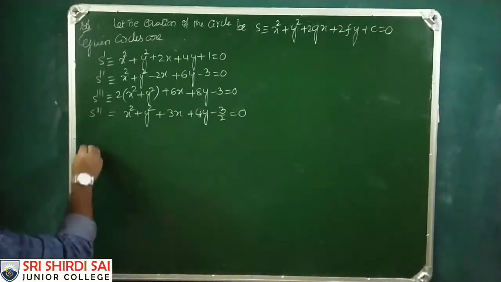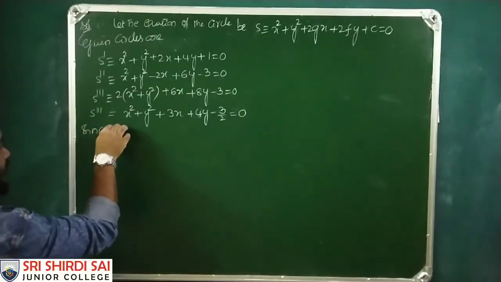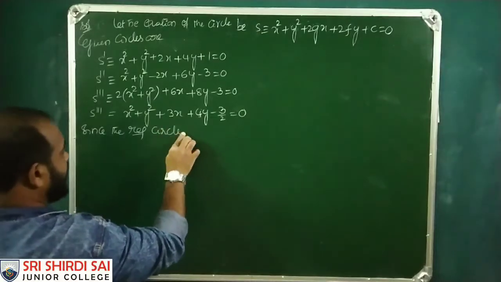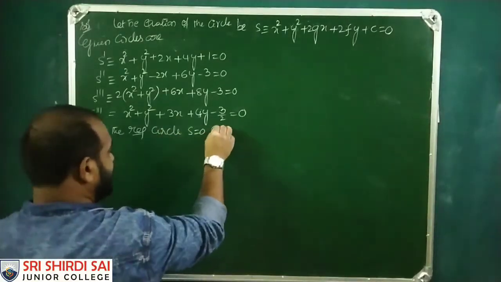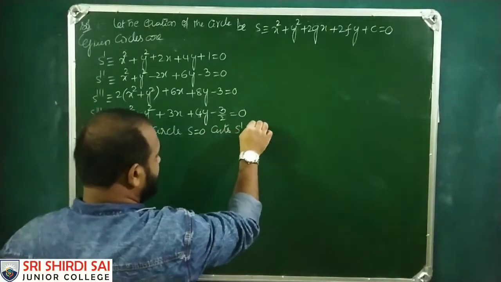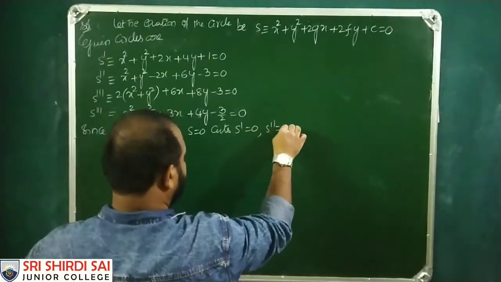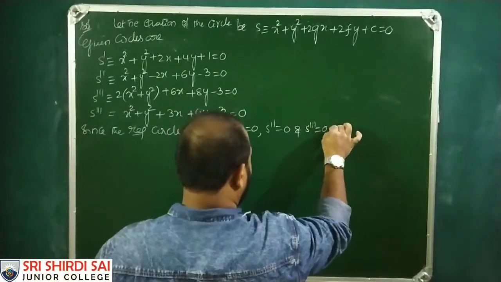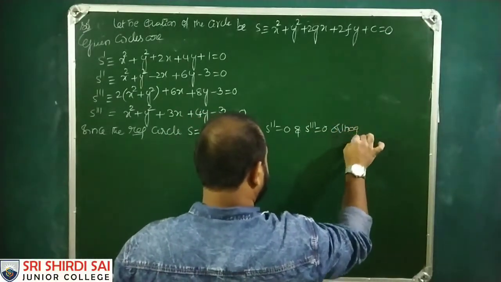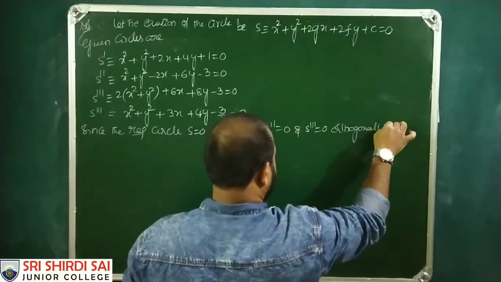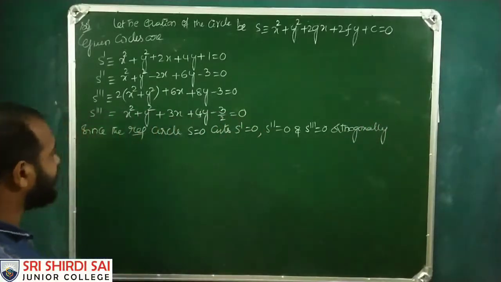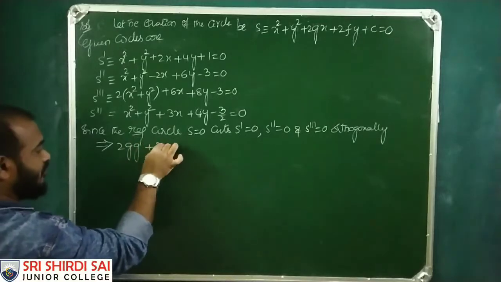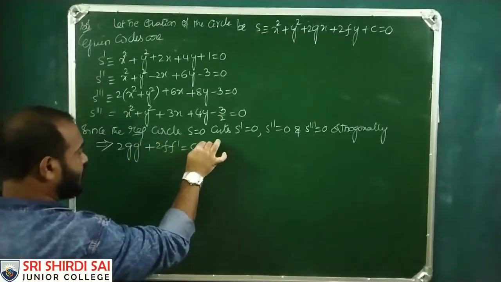Now, since the required circle S equals to 0 cuts S dash equals to 0, S double dash equals to 0 and S triple dash equals to 0 orthogonally, the condition is 2gg dash plus 2ff dash is equal to c plus c dash.